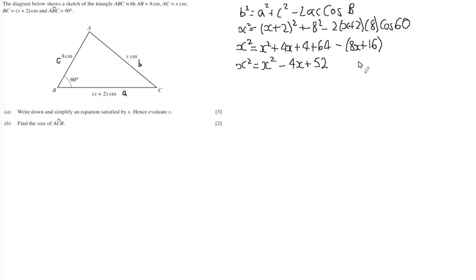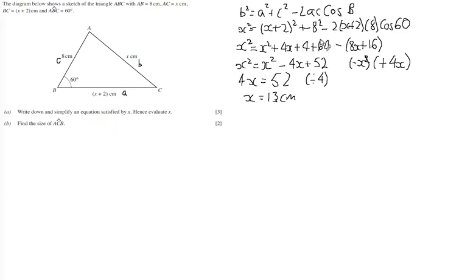Rearranging, I'm going to subtract x squared from both sides, and add 4x to both sides. That means these two x squareds will cancel out, and I'll be left with 4x equals 52, and so I can divide by 4, which gives me x equals 13 centimeters.